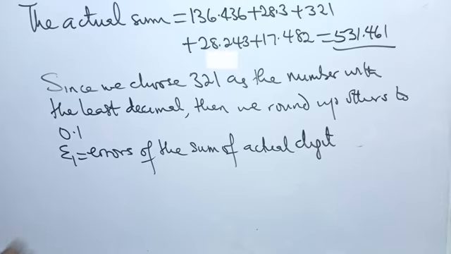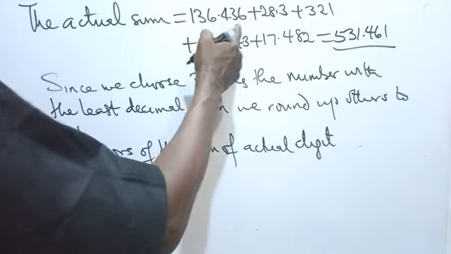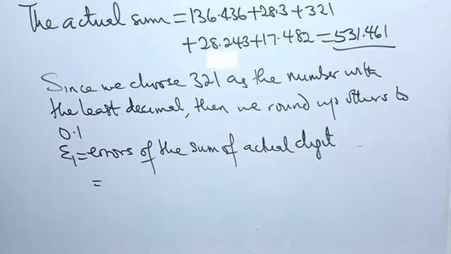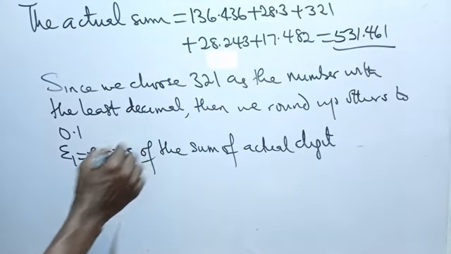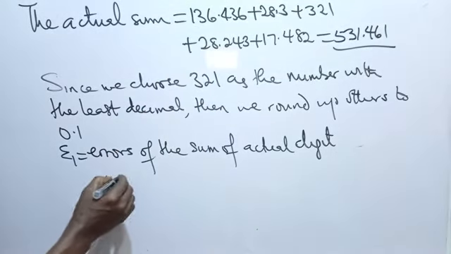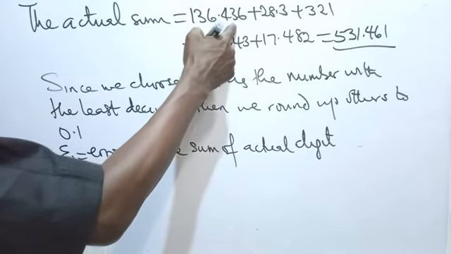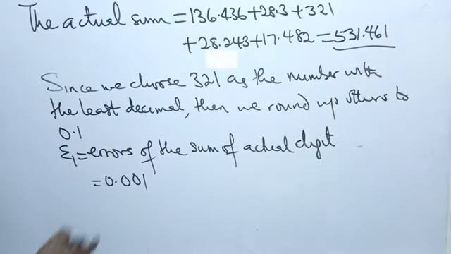The first one here is 136.436. So the decimal unit here is 3. So we're going to have 0 points, 0, and replacing the last digit with 1.